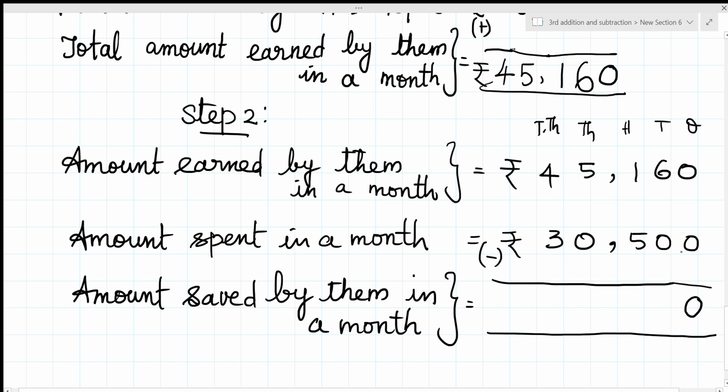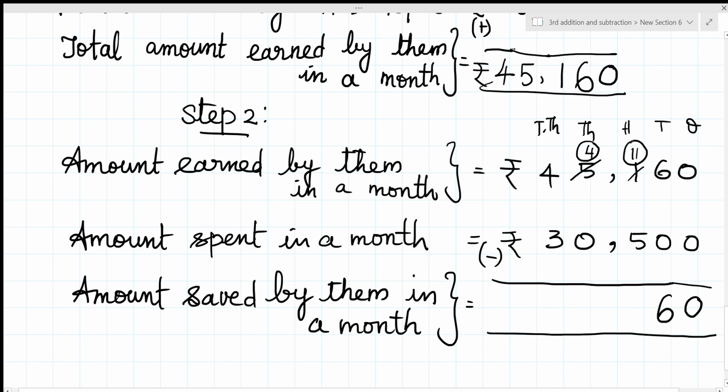In tens place, 6 minus 0. If you subtract 0 from any number, you will get the same number. Answer is 6. Hundreds place, the first number is smaller than the second number. So we cannot subtract. We have to borrow from the next place. So if you borrow 1, it becomes 4 and the 100 place becomes 11.